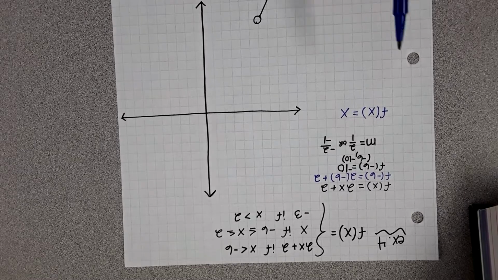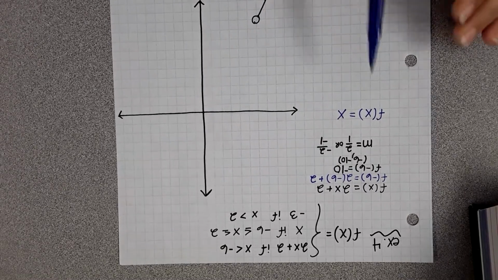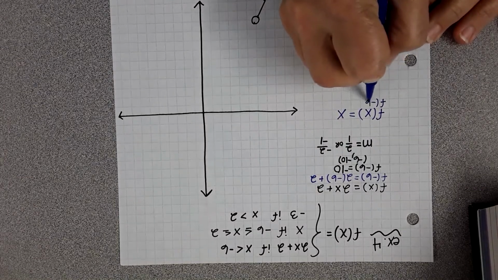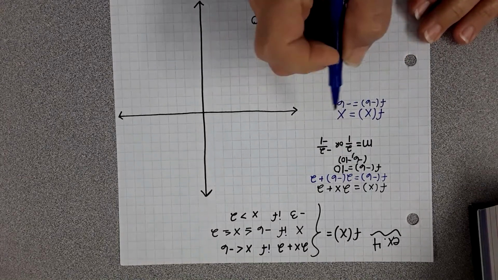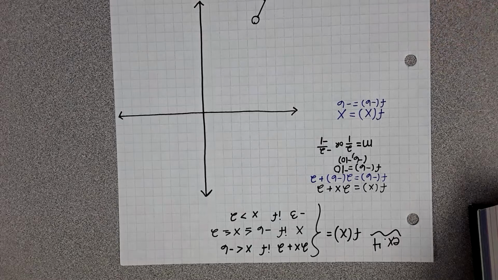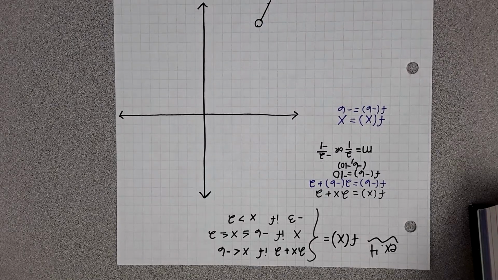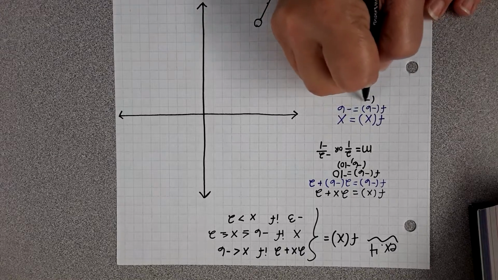What am I going to plug in for x? Because that's the first one, wherever I see x, I'm going to put a -6 in. If there's no x, you can't plug a number in. So I just replaced x with -6. What is my ordered pair?